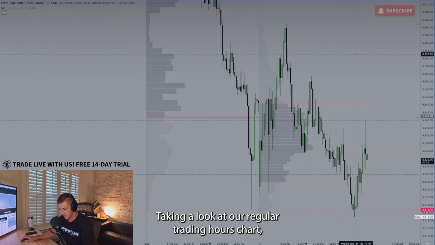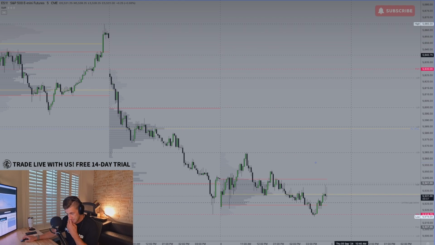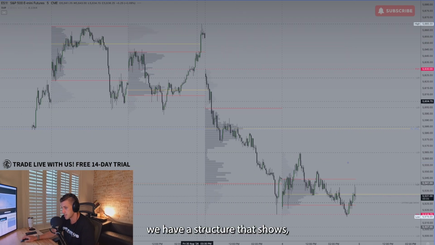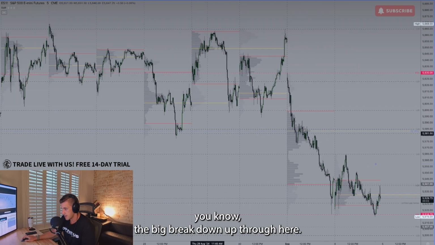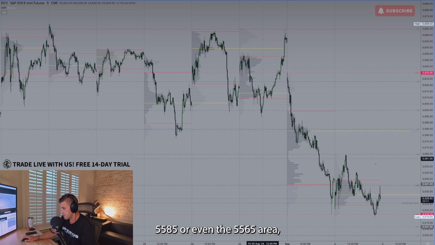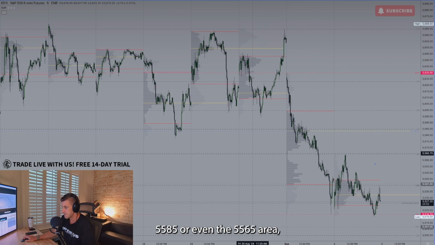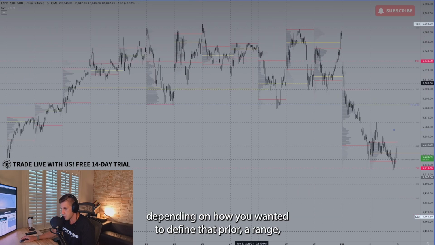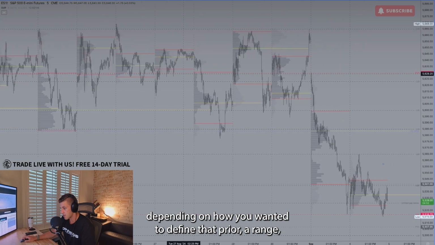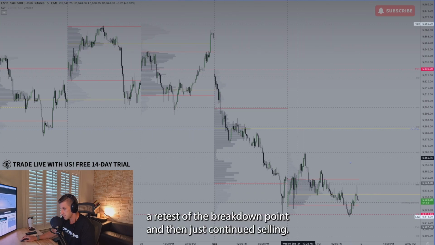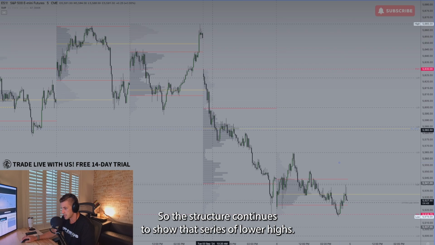Taking a look at our regular trading hours chart, we have a structure that shows the big breakdown up through here, 55.85 or even the 55.65 area, depending on how you want to define that prior range, a retest of the breakdown point, and then just continued selling. So the structure continues to show that series of lower highs, right?